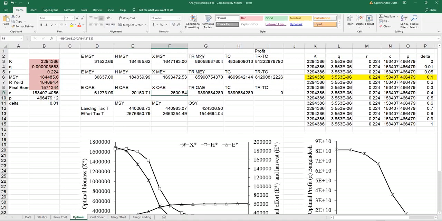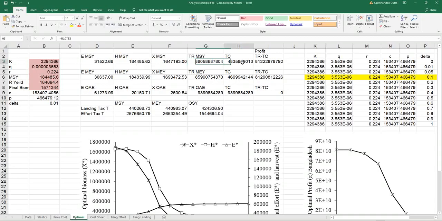Then your total revenue basically comes from the price times your harvest.